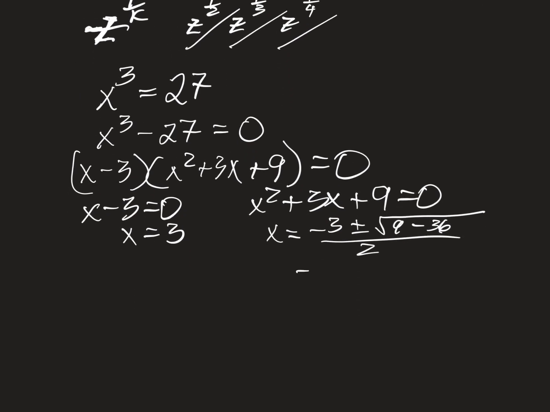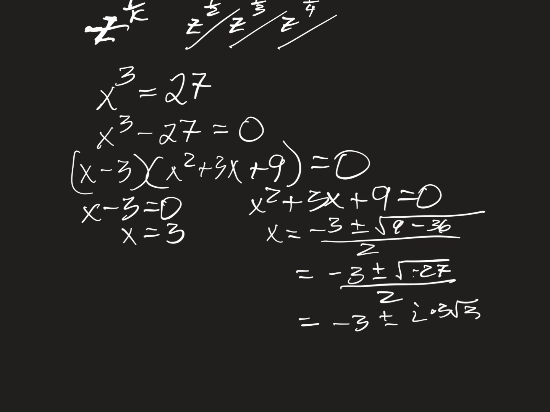And we would then finish solving that: -3 plus or minus the square root of -27 over 2. But the square root of -27 is an i. The square root of -1 times the square root of 27, which is 3 square root of 3. So we get -3 plus or minus i times 3 square root of 3, all of that over 2.